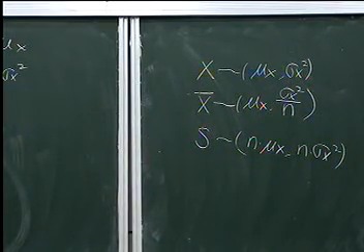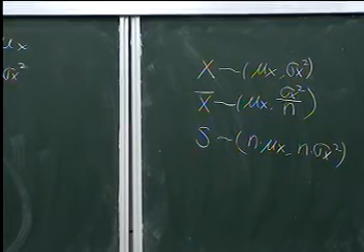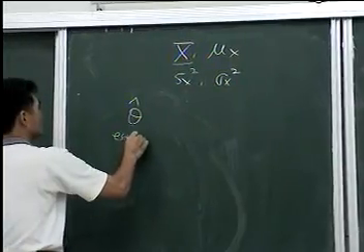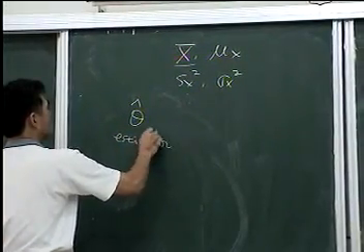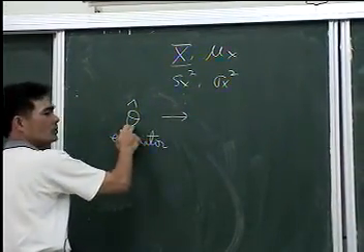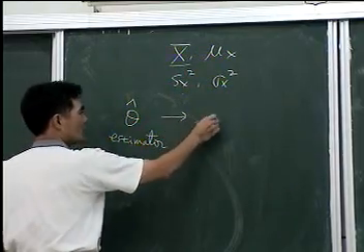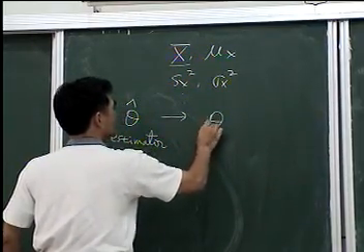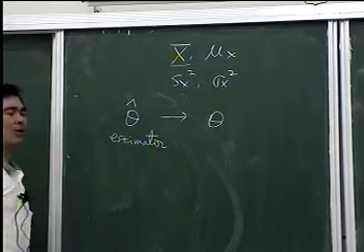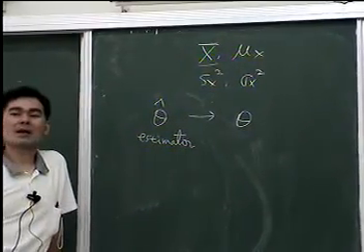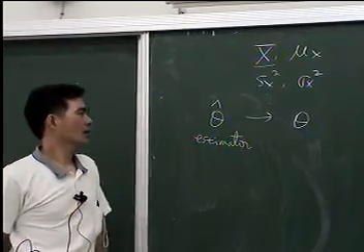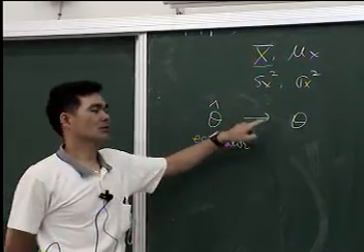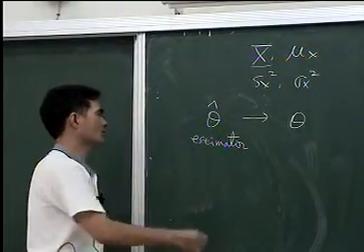Okay, then of course, we say if this is an estimator, and this estimator is going to estimate theta, so this is the value you want to estimate. Of course, on average, you would like this number to be equal to that number. So what does that mean?